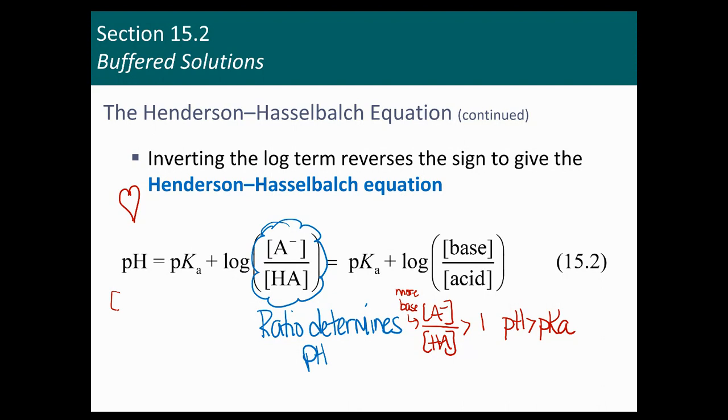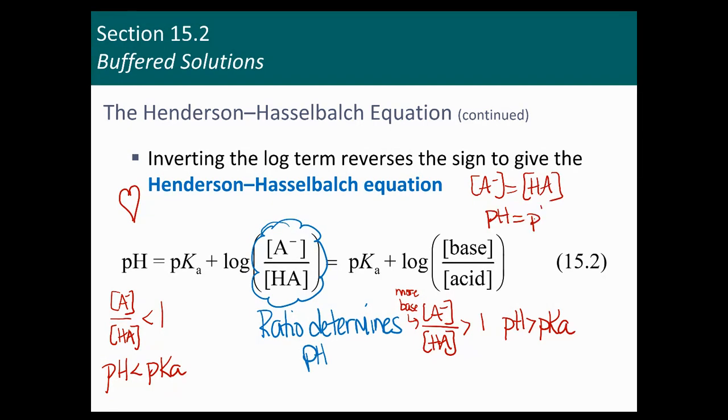When you have A minus over HA less than 1, then the pH is less than pKa, and your buffer is more acidic. And then when A minus equals HA, pH equals pKa.